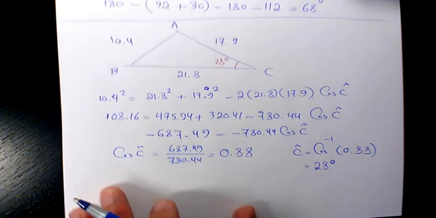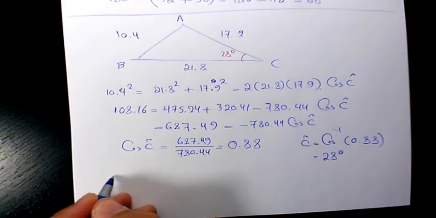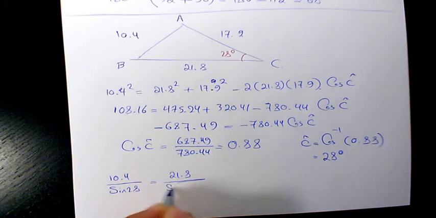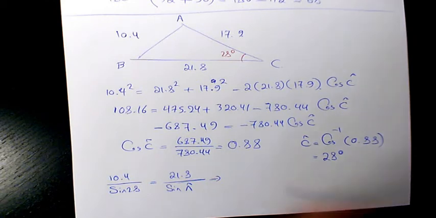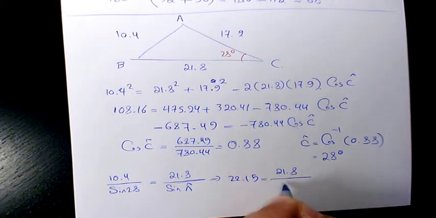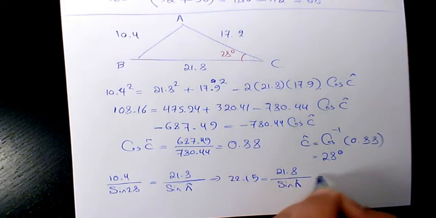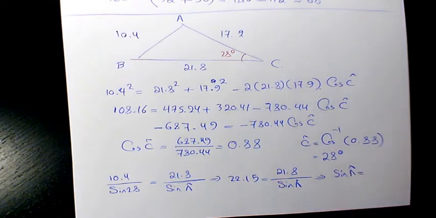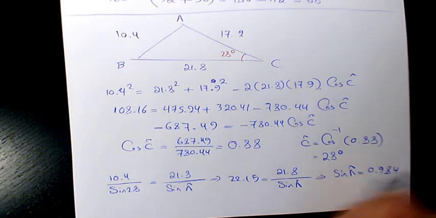The other angles, you can use Sine Law. So 10.4 divided by sine 28 equals 21.8 divided by sine A. So 10.4 divided by sine 28 is going to be 22.15. 21.8 over sine A. It's going to make sine A equal 21.8 divided by 22.15, which is going to be 0.984.